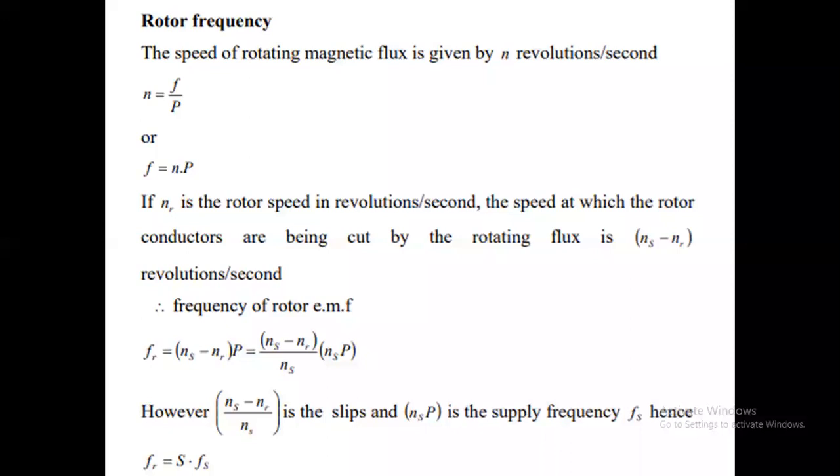Next, ns into p is the supply frequency. Ns means 60 by capital Ns, which gives 120 F by P, as we have seen earlier. So finally, the rotor frequency Fr equals S into Fs, where S is the slip and Fs is the supply frequency or fundamental frequency.